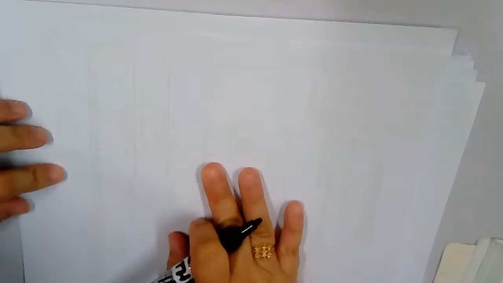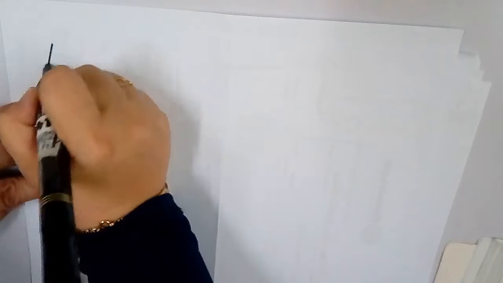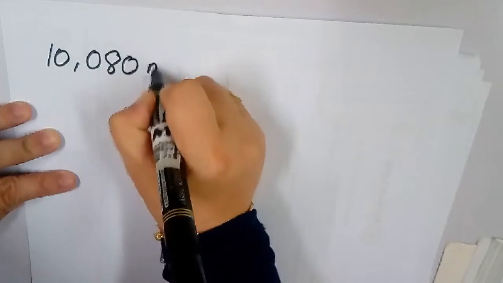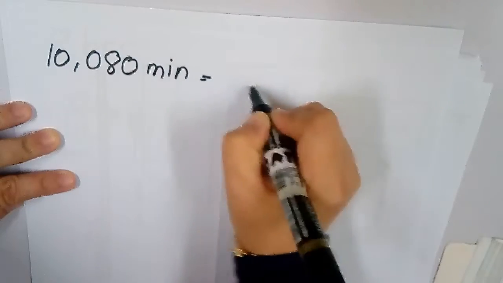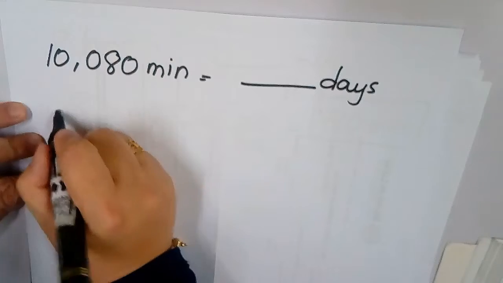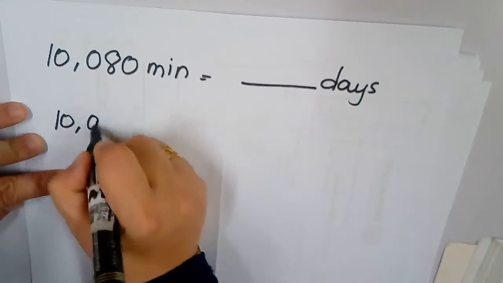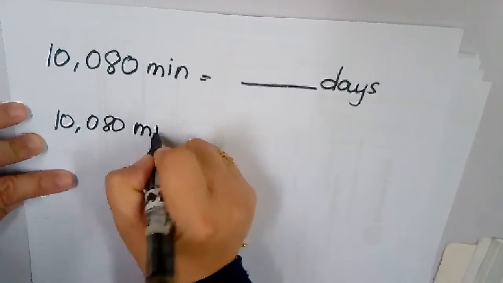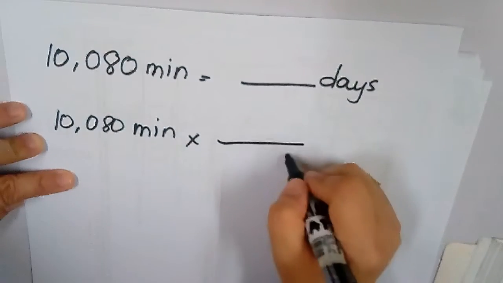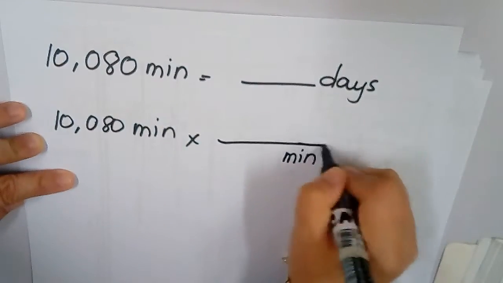Another example. Paano naman kung minutes naman to days? So, there are 10,080 minutes to how many days? Okay? So, in solving it, si minutes dapat nandito sa baba so that we can cancel.